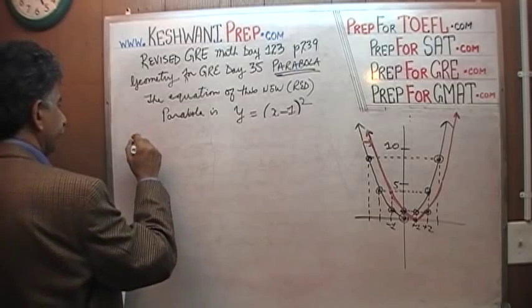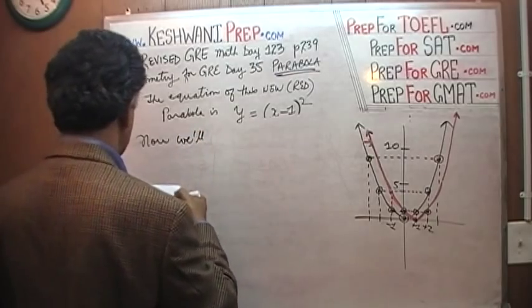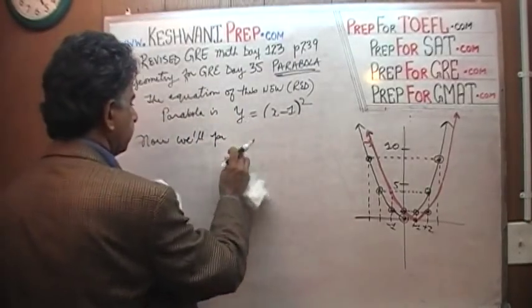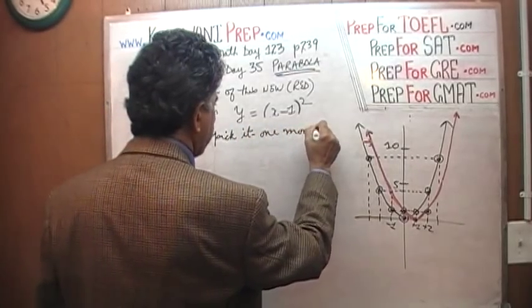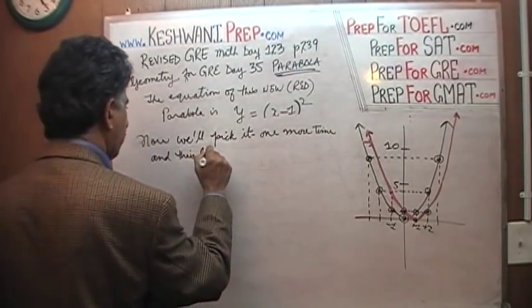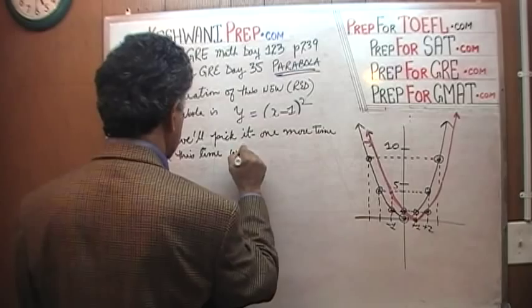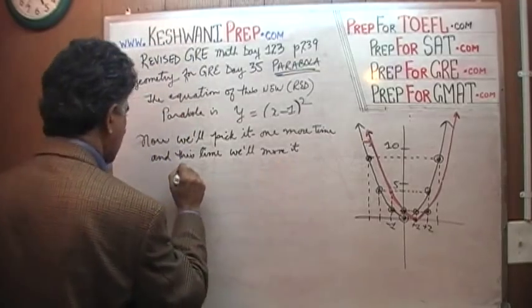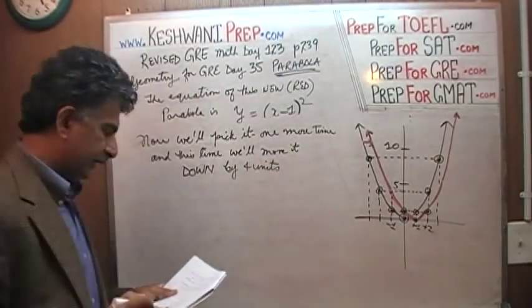Now we'll pick it up one more time and this time we will move it down by 4 units. We're going to move it down by 4 units.